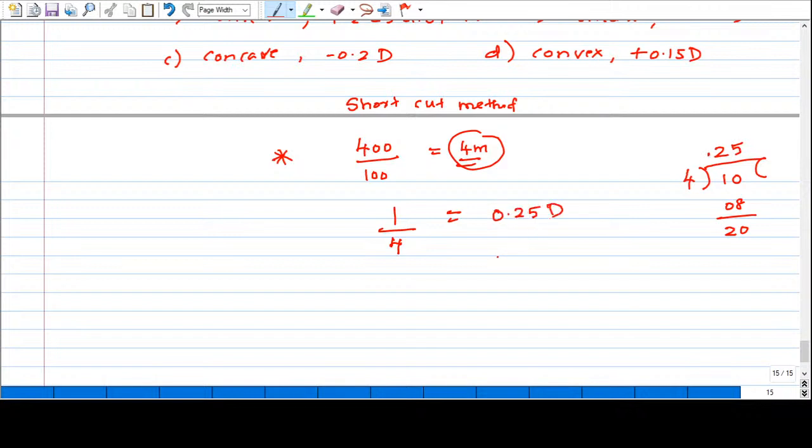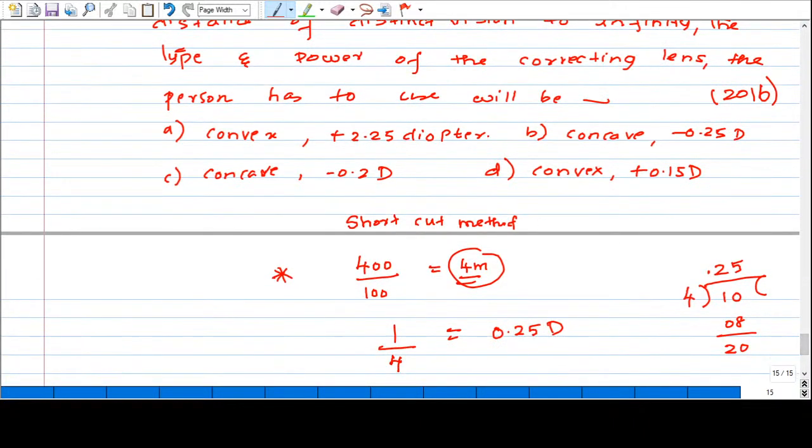Just see in which option it lies. 0.25, where does it lie? It lies in option B. It is minus 0.25 because we are using a concave lens for seeing the objects. The question has been clearly given: they lie between 50 and 400 centimeter from his eyes. So with the help of the answer we are getting, we can easily click the second option, concave, minus 0.25 D, because nowhere else does 0.25 lie.